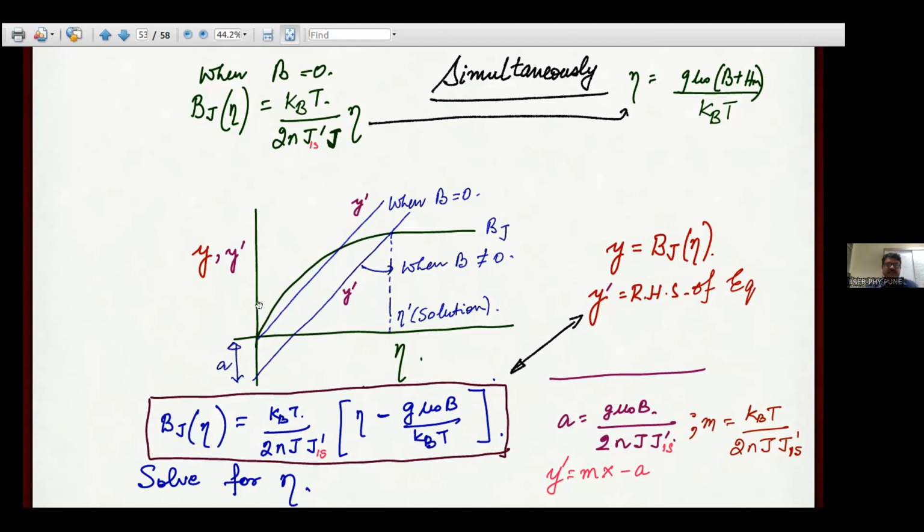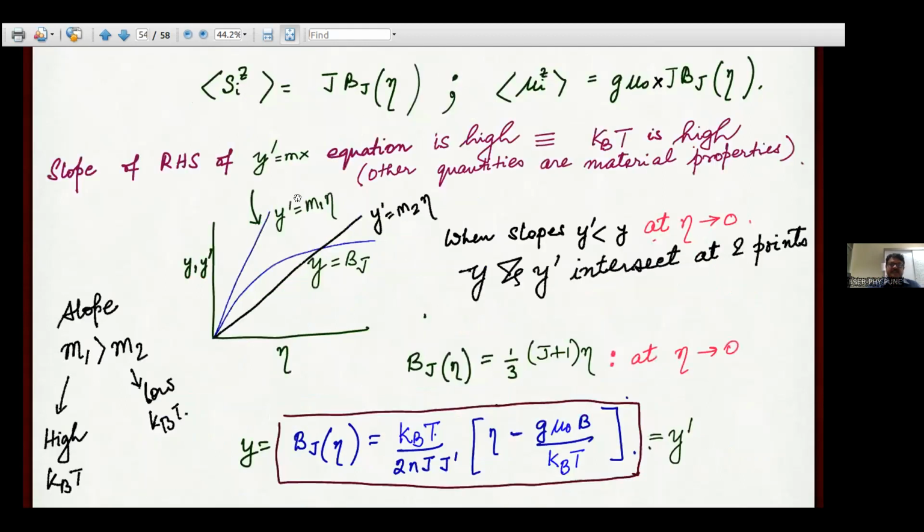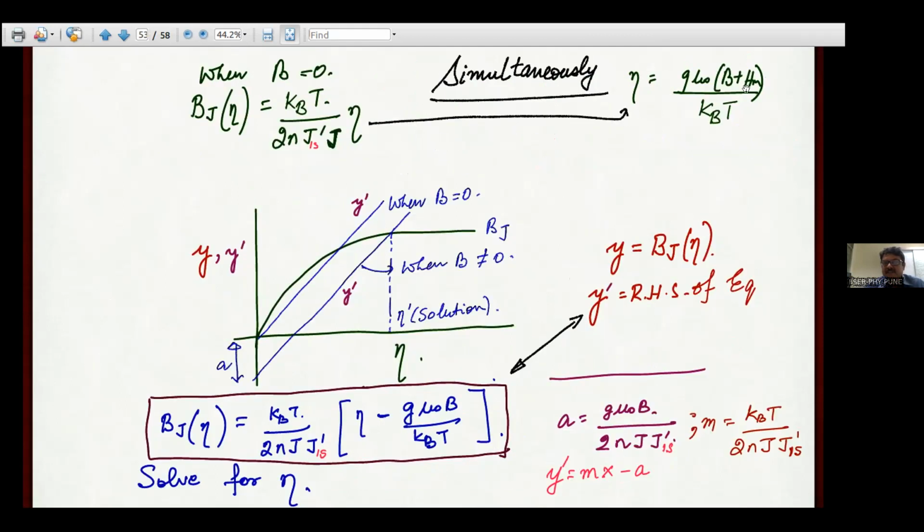On the other hand, suppose the line went like this, then the only solution is at eta equal to 0. What is eta? That is this, right? So eta equal to 0 means kBT equal to infinity. That's the only place that the two intersect.